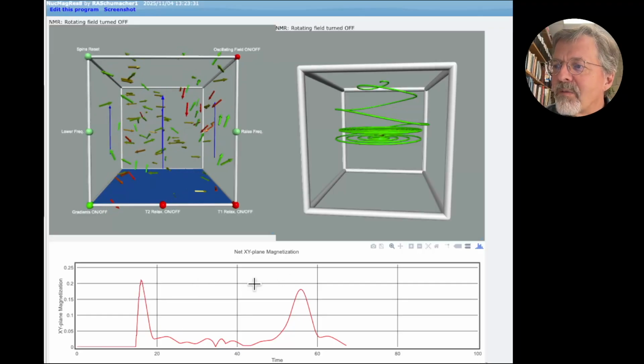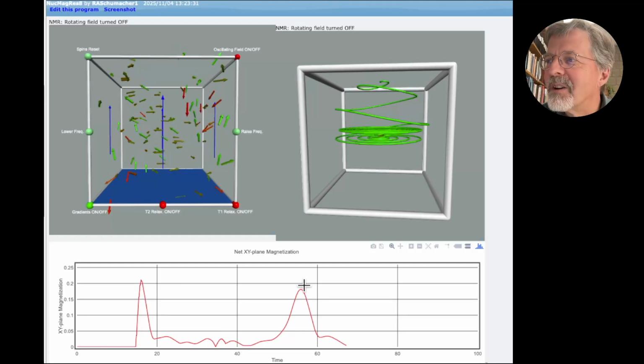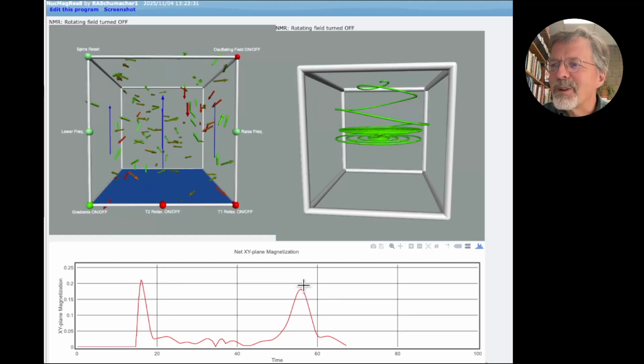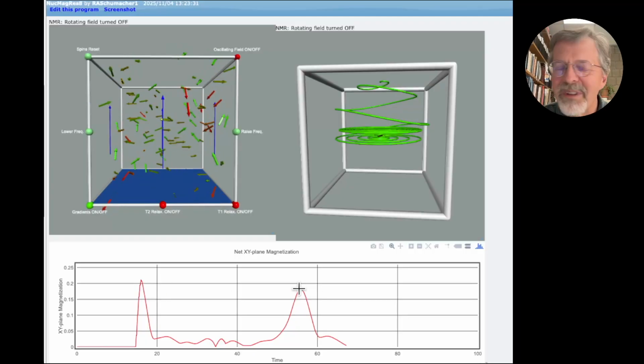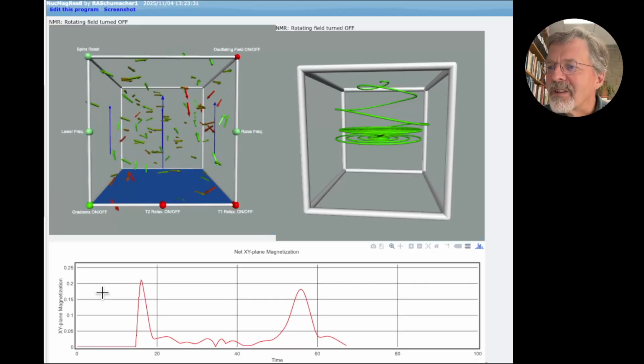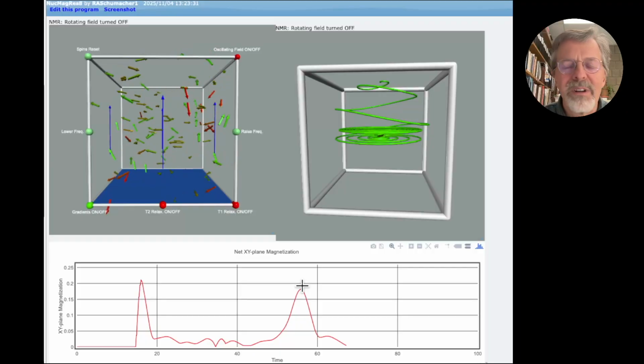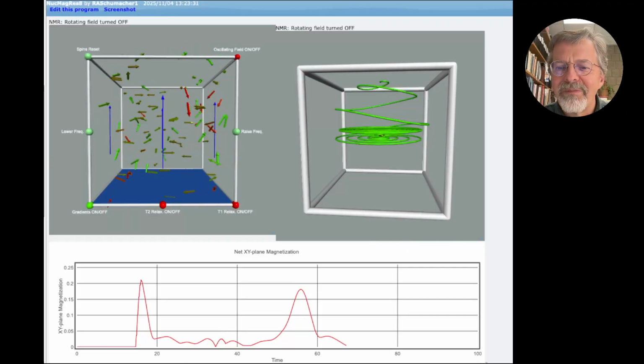The fact that these are not quite the same height is just an indication of me not timing the pulses perfectly, and so they don't come back quite 100% into step, but only sort of close. Nevertheless, this is our illustration of the so-called spin echo effect.